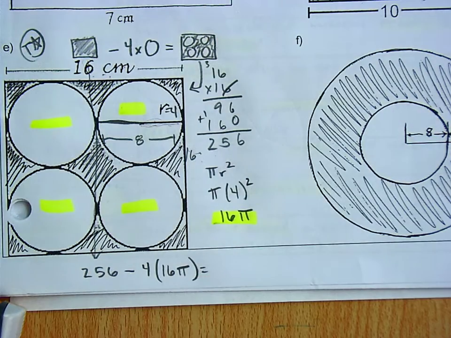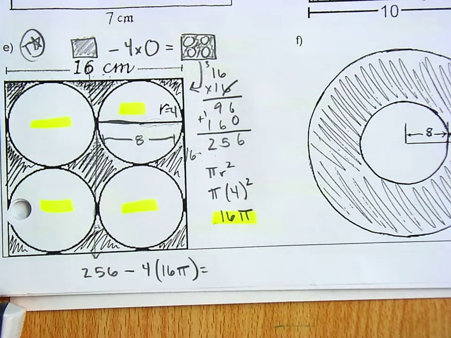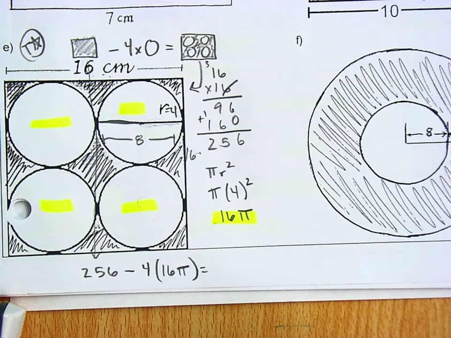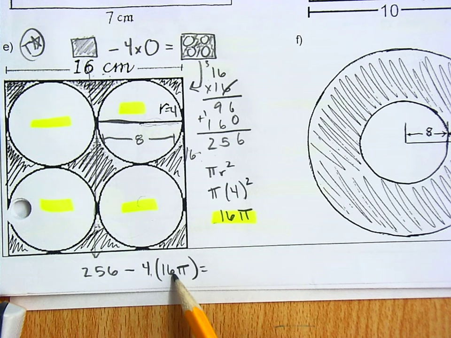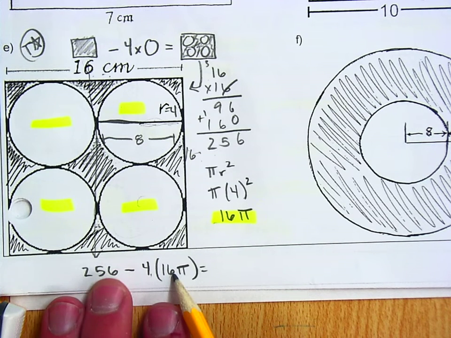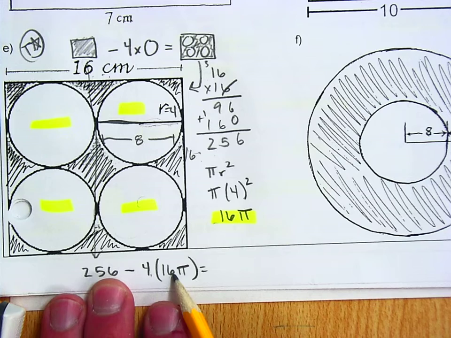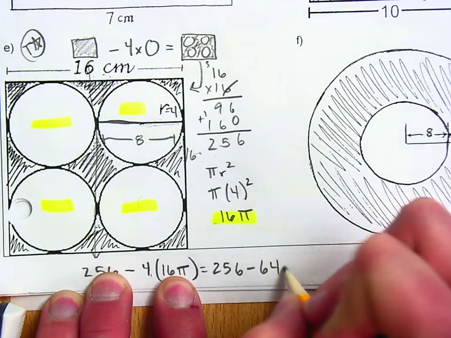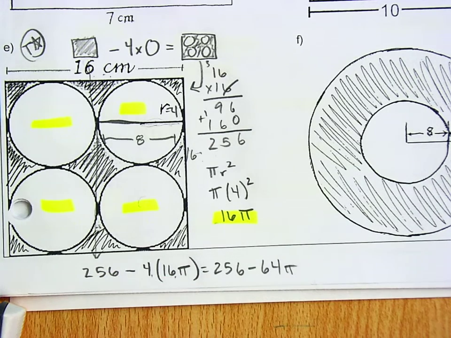Each of them is 16 pi. So 4 times 16 pi. Well, 4 times 16 is just 64 pi. So this is 256 minus 64 pi.